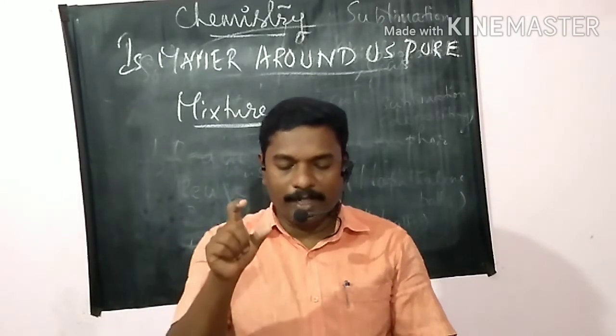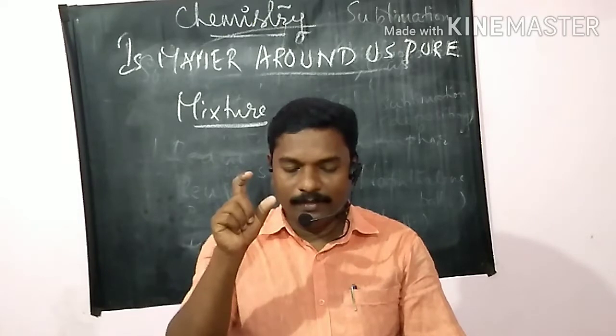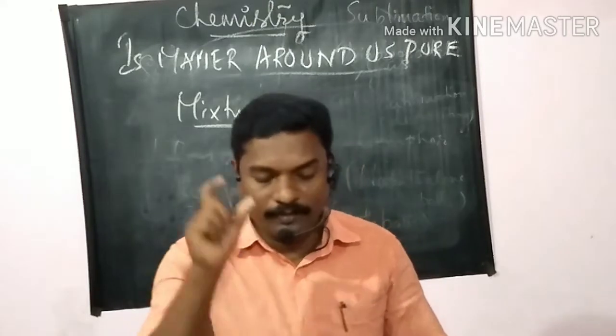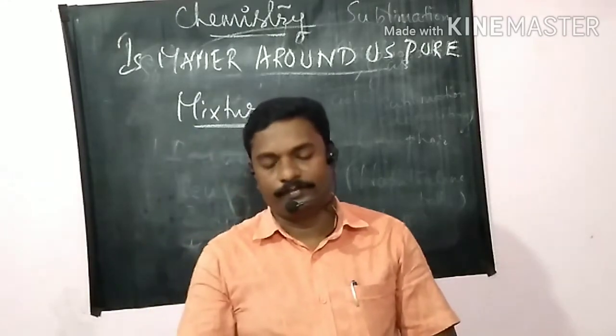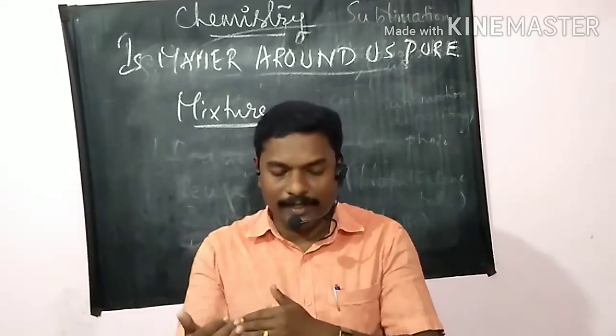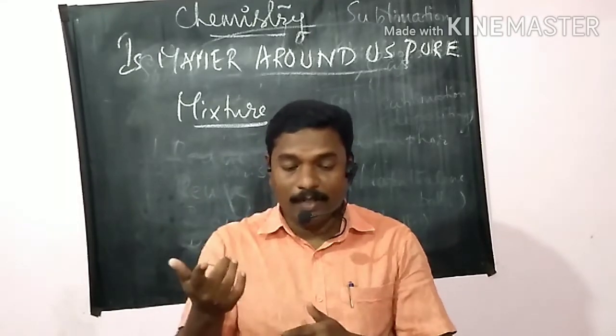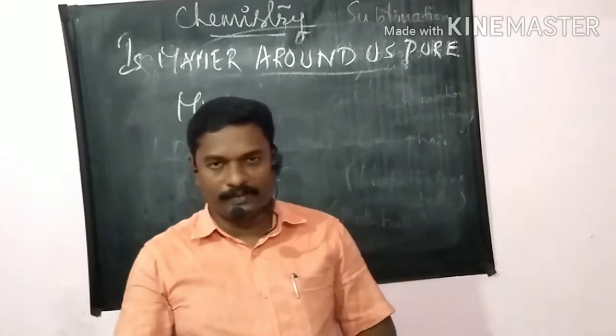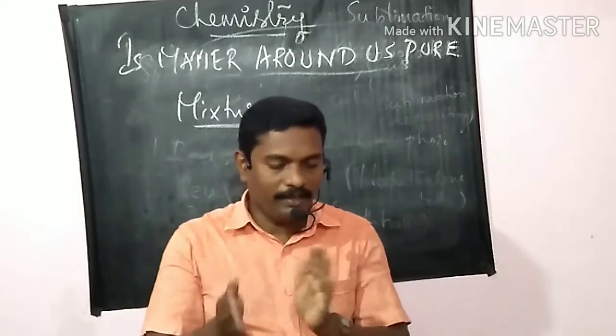A pure substance means it always contains a single type of matter or single form of matter. But a mixture contains more than one kind of pure form of matter. Did you get me? Is there any confusion?